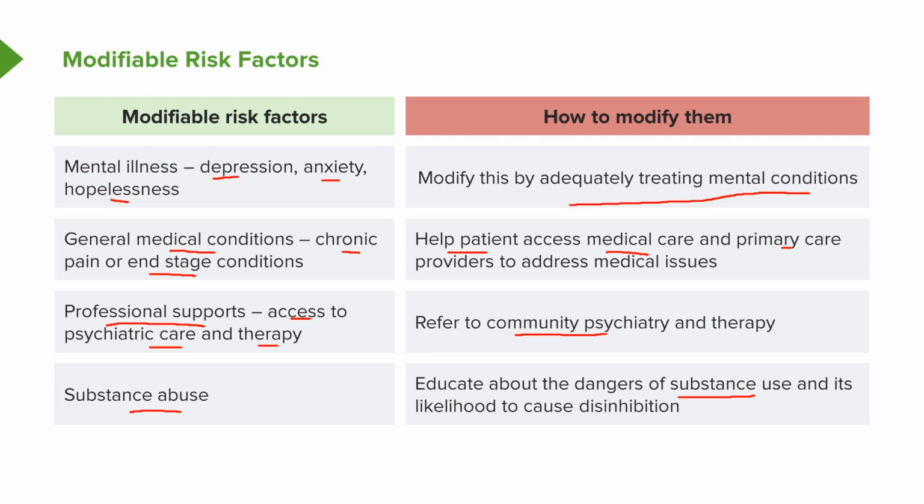So we can make sure that we provide support for these patients when they have what we call modifiable risks. We have to make sure that the patients have the help that they need, and that when they are faced with problems like substance abuse, we can intervene and educate them about the dangers of substance abuse and encourage them to seek out programs like rehab programs to help them overcome it.